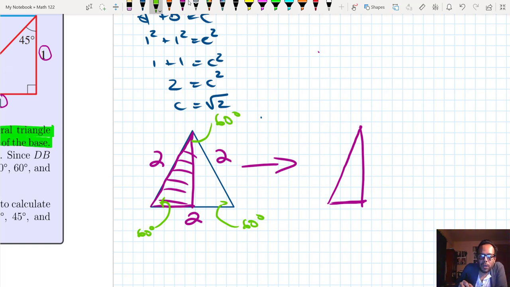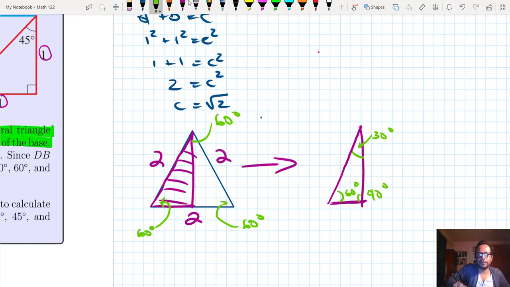But now, when I apply this perpendicular bisector, this remains 60 degrees. This is a 90 degree angle, and this 60 degrees is being bisected, I mean, cut in half. This is a 30 degree angle, right? And let's add the angles. 30 plus 60, that's 90, plus 90, that's 180.